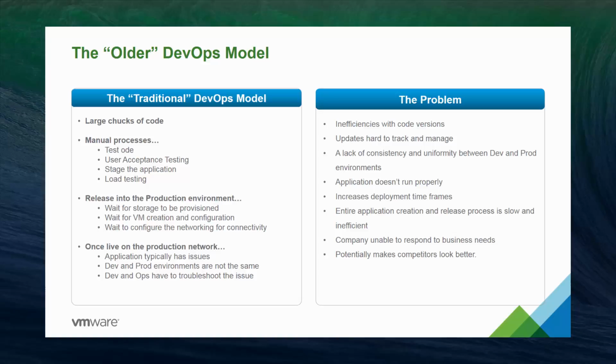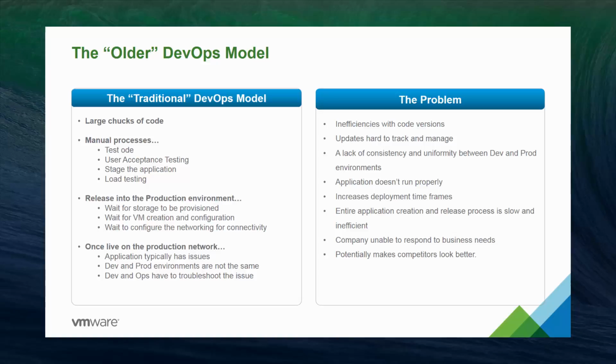Because of the cost and the work, there are typically differences between them. And now the dev and ops teams have to spend the time to troubleshoot why this new application that worked in the user acceptance testing as well as the developer testing in their environment is not working in production.